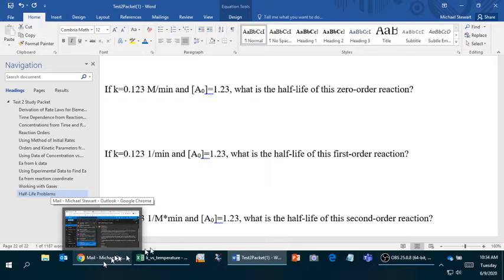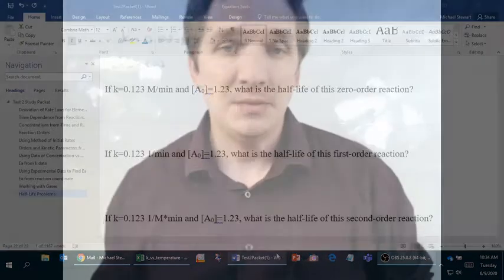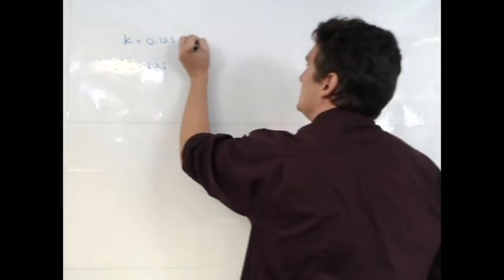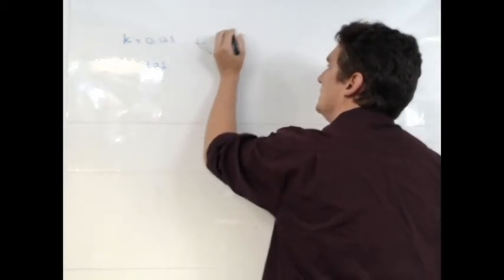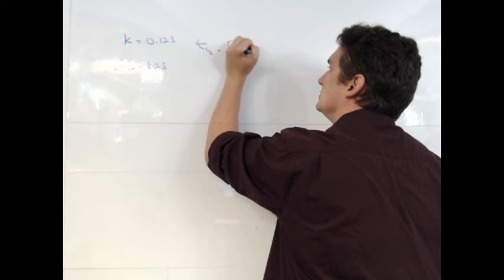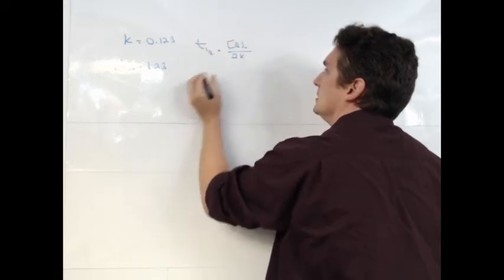So the way you solve for the half-life is that it depends on the actual order of the reaction. So for a 0-order reaction, the half-life, T sub 1/2, is starting concentration over 2K.